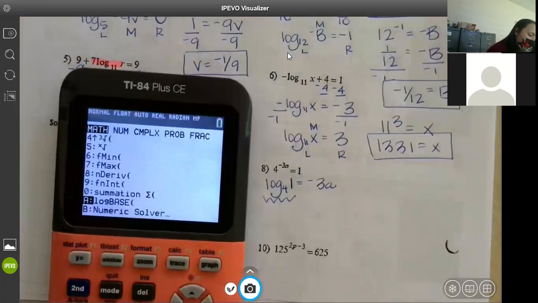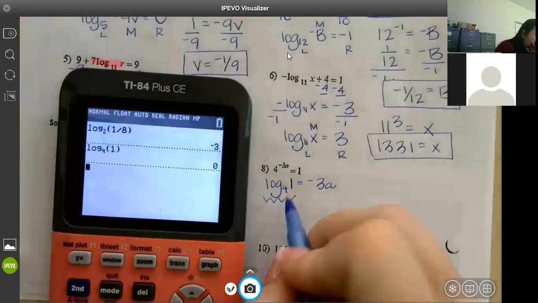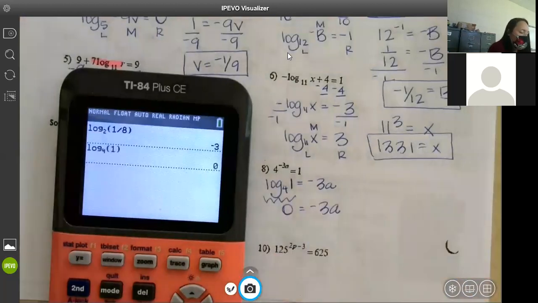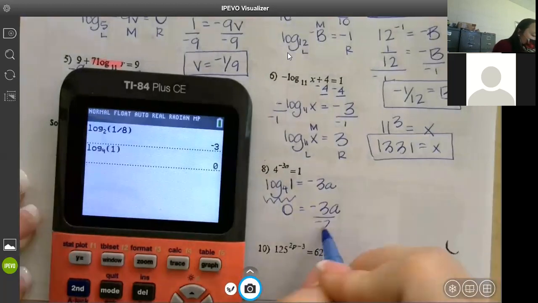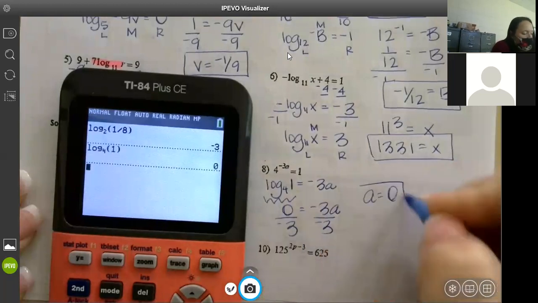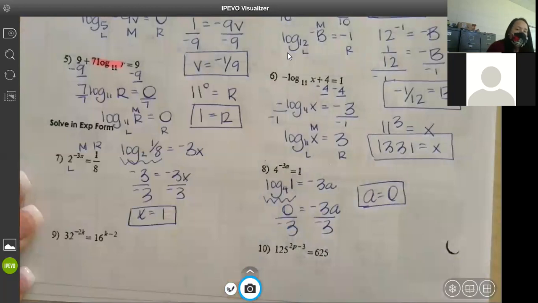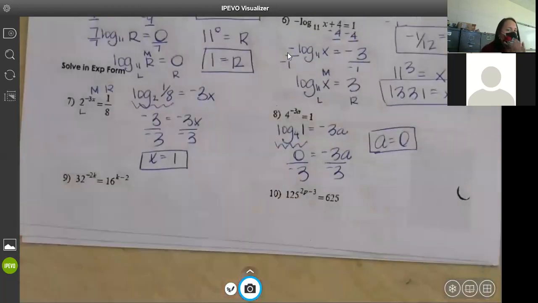Math up 2 times 4 and 1 gives us 0. How do I solve? Divide by -3. And don't freak out, you still get 0, which is perfectly fine. Remember, anything to the 0 power equals 1, so we would have to have 0 there. Right. So what's different about the next one?